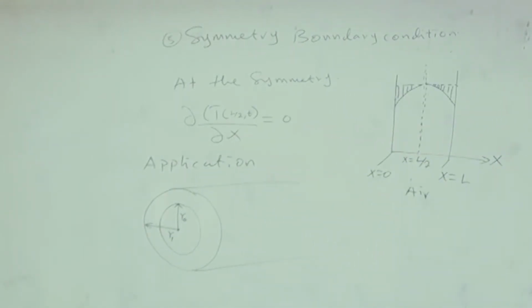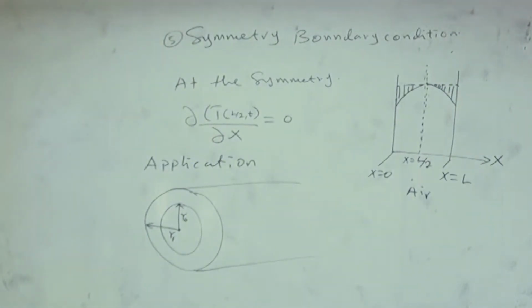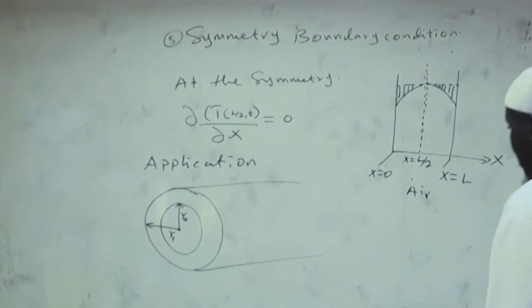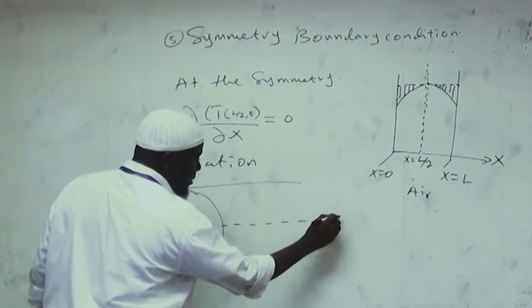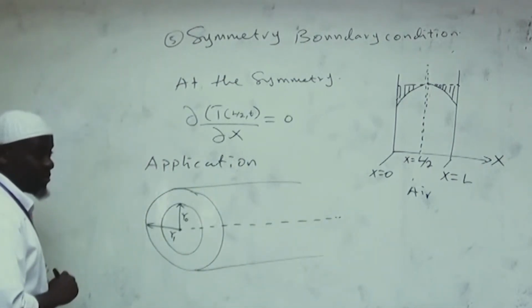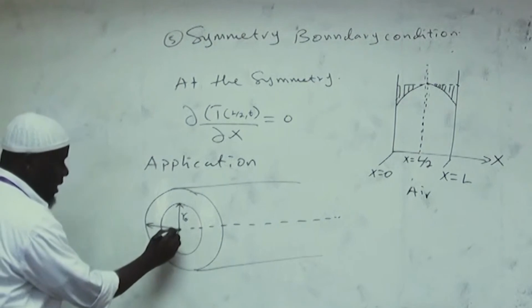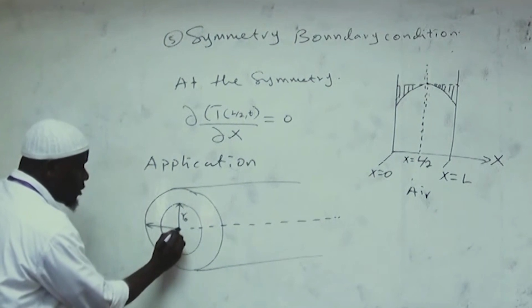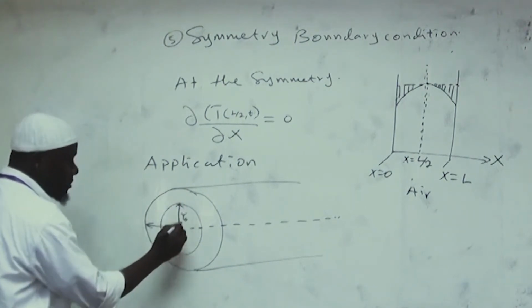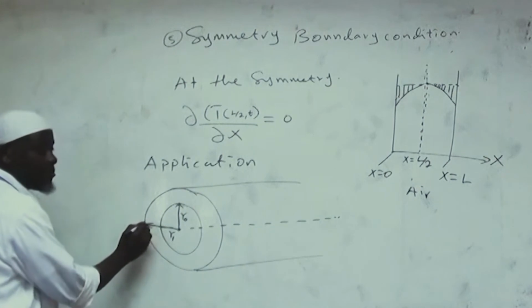Temperature changes only in the radial direction. I discussed that this morning. For all cylinders, if you have a hollow cylinder where a fluid is flowing across it, temperature changes only in the radial direction. So for this particular case, let's draw our symmetry. This is our symmetry, this is R0 and this is R1. So this temperature is changing along this direction, and it also changes along this direction.